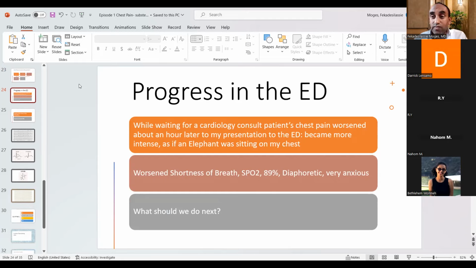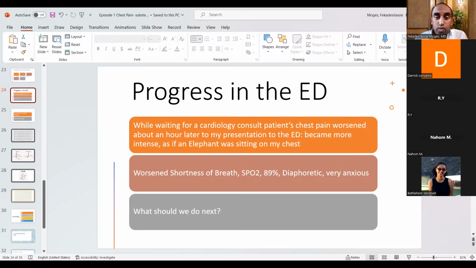Number one, it's not available everywhere. And number two, you have to make sure that you are dealing with something serious before you give thrombolytics. You give thrombolytics if it is a STEMI. At this point, it is not a STEMI, at least. You got my point? So you don't need to give thrombolytics at this point.